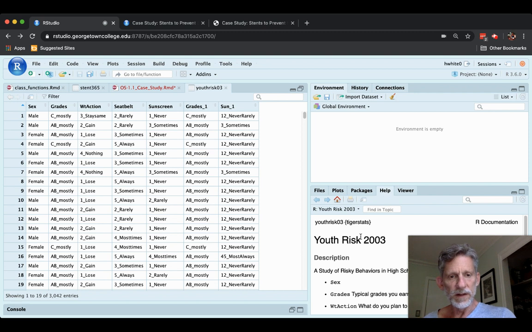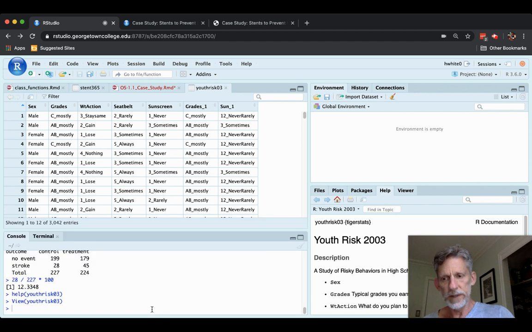And so now you see the help for Youth Risk 03 here, and you see the view here, and it's kind of temporarily squashed the console down. I like to have a little bit of console, so I'll click on that bar and bring it up. And you can see where, sure enough, it copied in those two commands to the console. And so you want to learn about it.